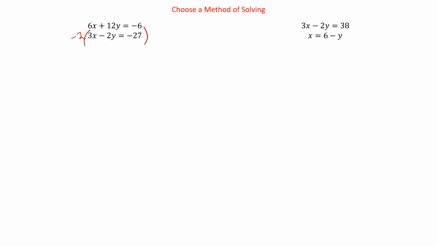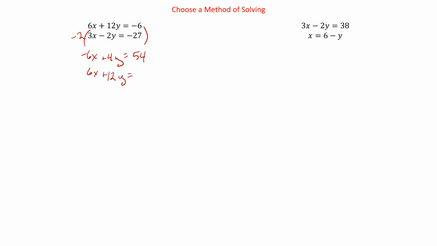So we're going to multiply by -2. So -2 times 3x is -6x. -2 times -2y will be plus 4y. Equals -2 times -27 is positive 54. Now I'm going to rewrite that top equation down here just so that they're next to each other when we add.